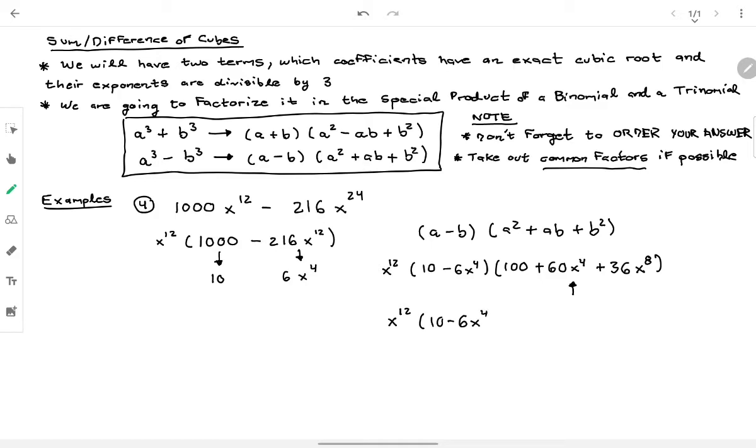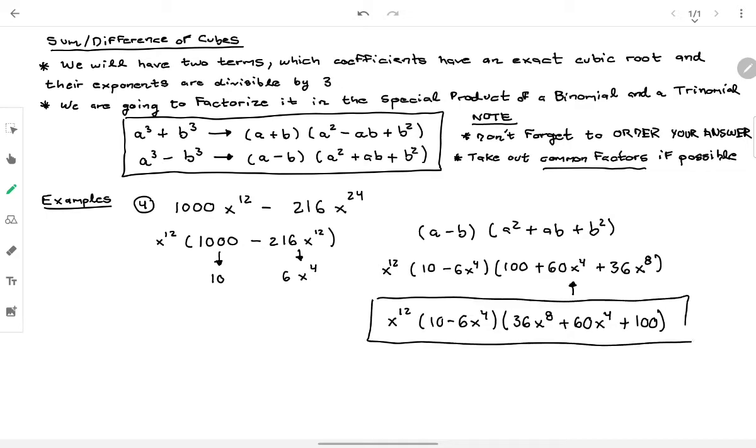In this case, it's correctly ordered because it's a binomial with a positive and a negative one. But the trinomial should be ordered like 36x to the 8 plus 60x to the 4 plus 100. And this is going to be the correct answer, that it's ordered, and we also take out the common factor when possible. So let's see another example of sum or difference of cubes.